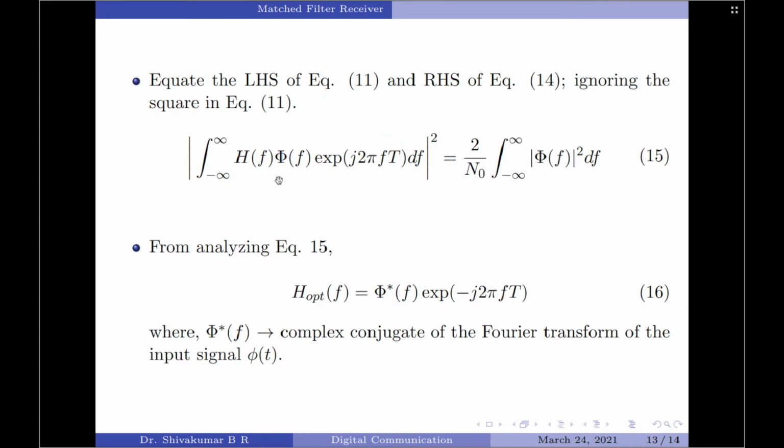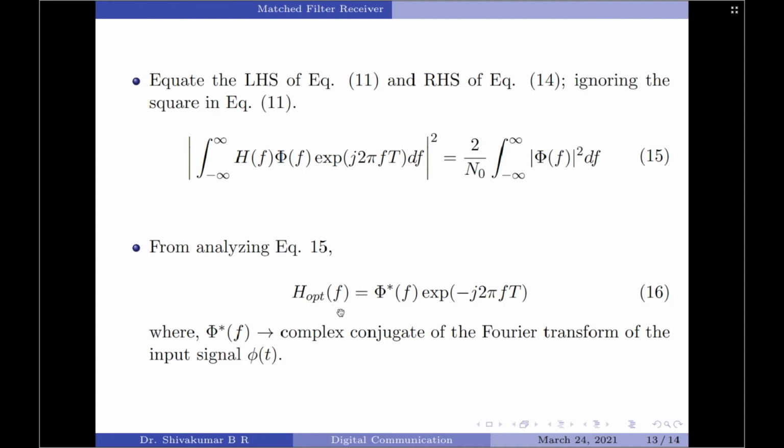So what remains now is integral minus infinity to plus infinity phi star of f multiplied by phi of f. For the time being, let us forget the square here. So what will then remain is integral minus infinity to plus infinity phi star of f into phi of f df, which is nothing but integral minus infinity to plus infinity magnitude square of phi of f.